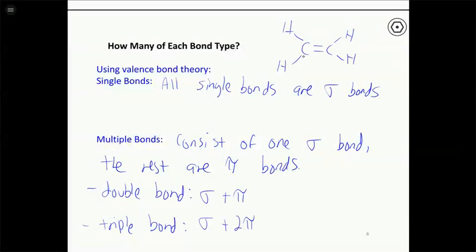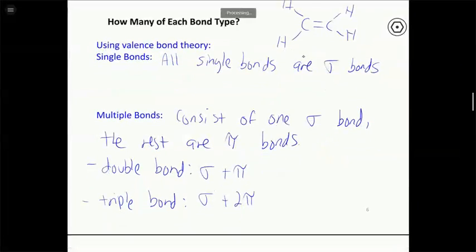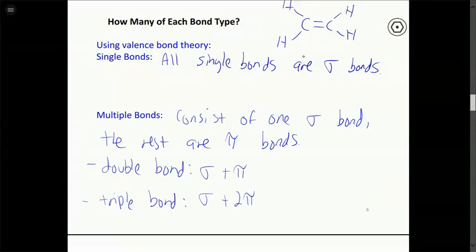Each one has 3 things attached to it. And so the sigma bonds are going to involve those sp2 orbitals. Each carbon is sp2 hybridized, and it's going to form overlap with the other carbon atom. So that's going to be your sigma bond here, which involves sp2 orbitals.